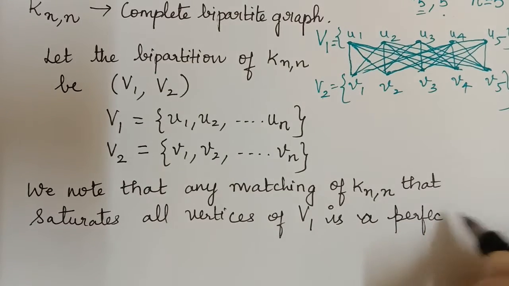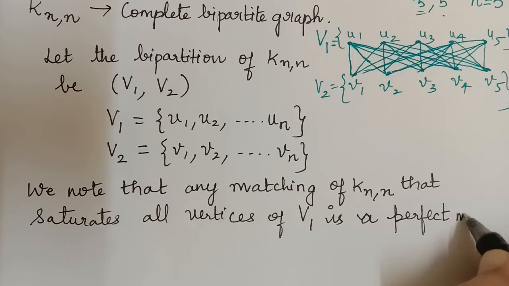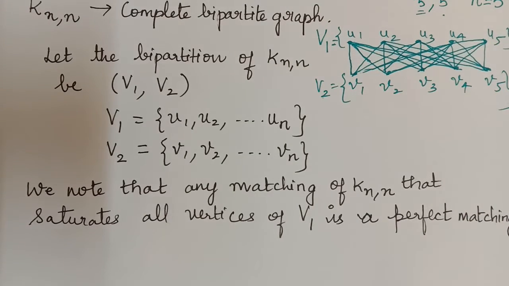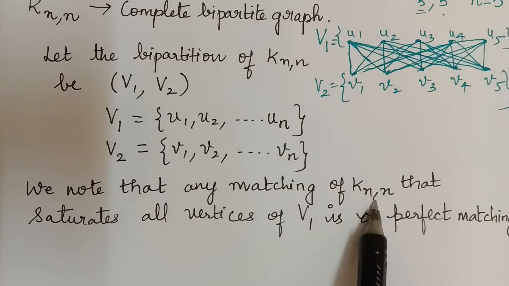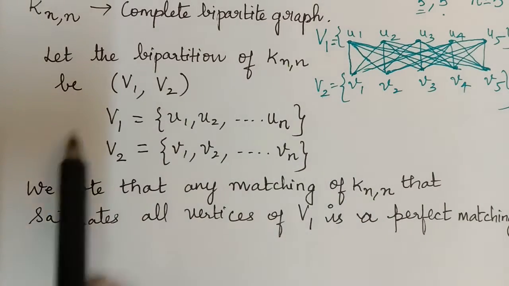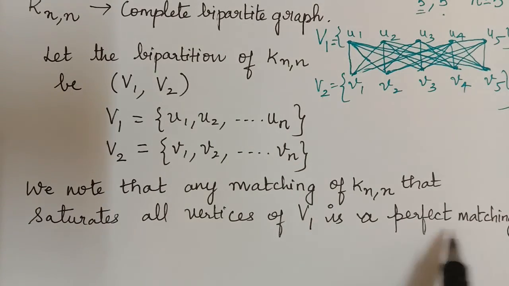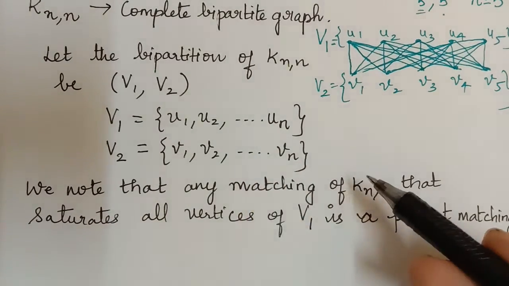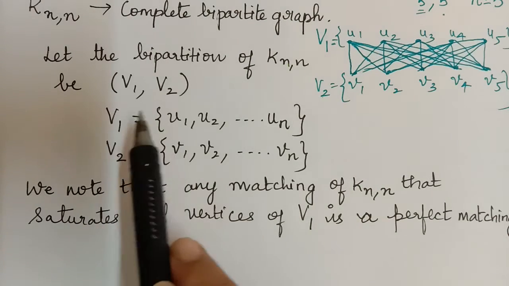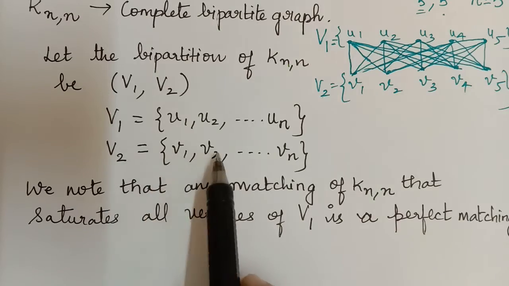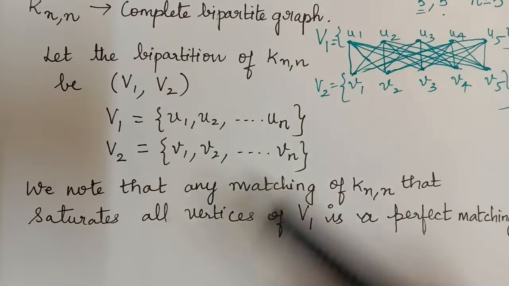So any matching of K(n,n) that saturates all the vertices of one of the partite sets will be a perfect matching. It can be either V1 or V2, whichever we consider, because if we select one vertex from one of the partite sets, it will be adjacent to all the vertices of the other set.